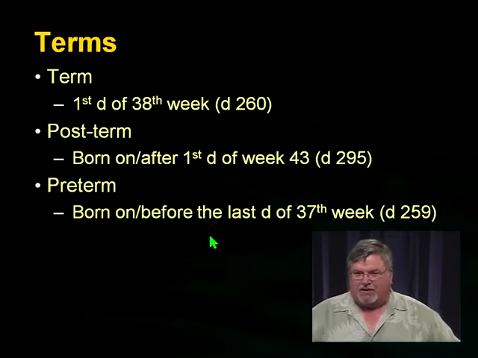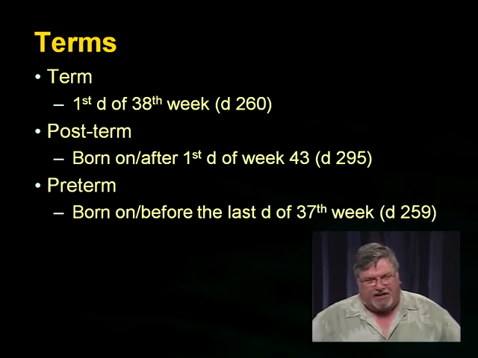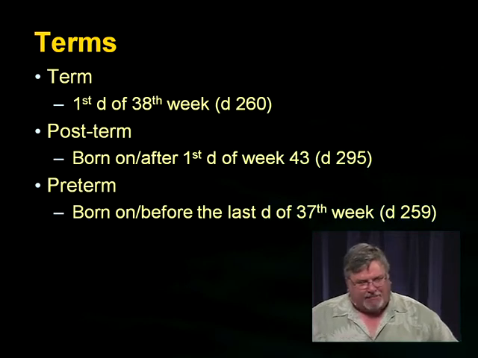Preterm, this is the one that screws people up. Preterm is born on or before the last day of the 37th week. So if you're born, class, at 37 and 2/7 weeks, you're preterm for the purposes of the pediatric board exam.